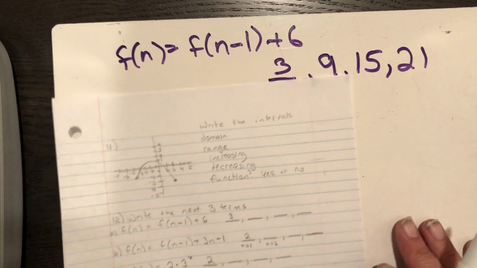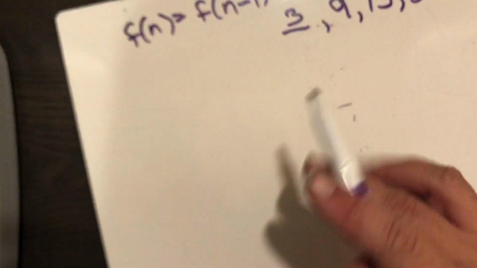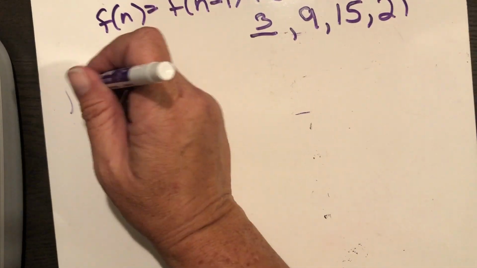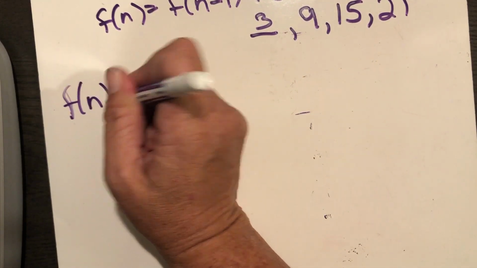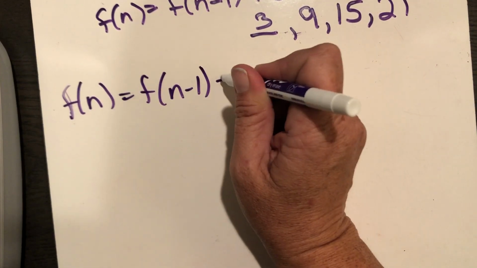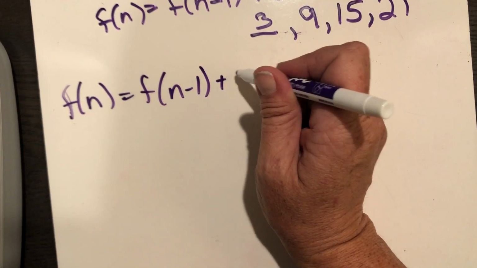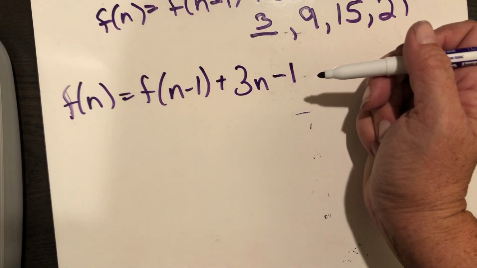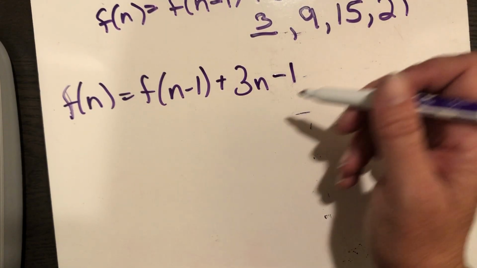So the next one has the 3n minus 1. So on this 12b, you have f of n equals f of n minus 1 plus 3n minus 1. Now, to use recursive equations, they always have to give you a starting point.